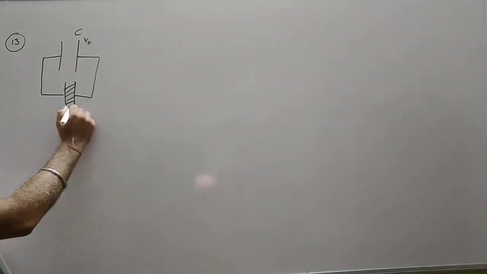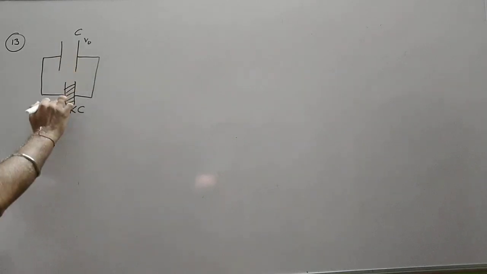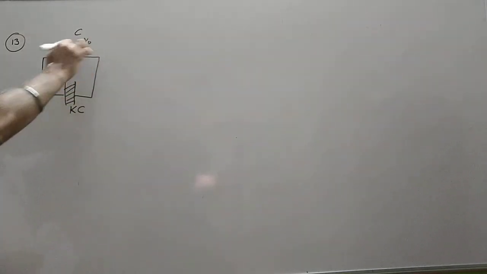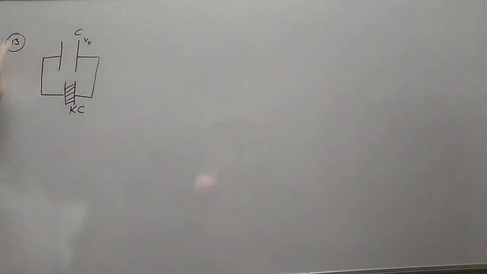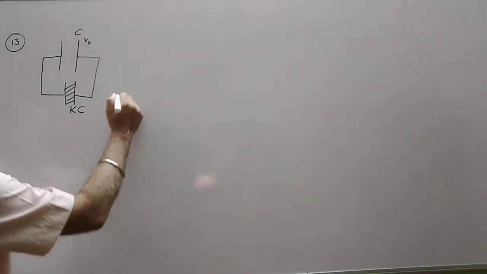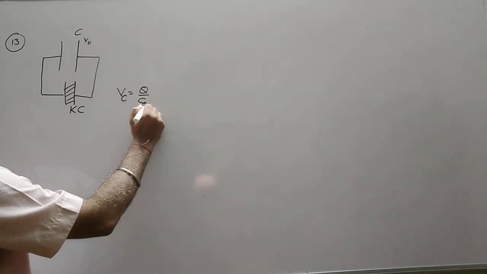So its capacitance should be taken as K times C, while the air capacitor has potential V naught. Now what will happen? As soon as we connect an uncharged capacitor, the charge will start flowing from the charged capacitor to the uncharged one till the potential becomes equal, that is, a common potential is achieved. We know that common potential is equal to total charge upon total capacitance.